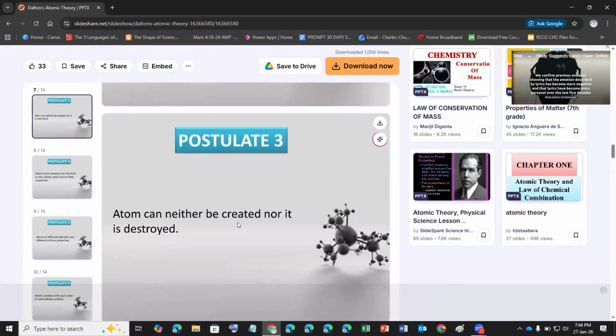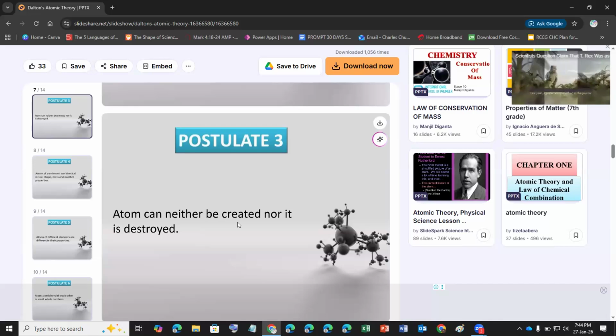And then, this one that says atoms can neither be created nor destroyed. I think this particular theory was also challenged with radioactivity, right? With radioactivity, we saw that you could actually create an atom.